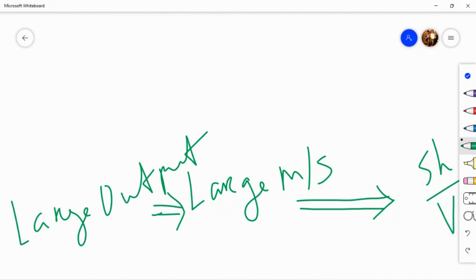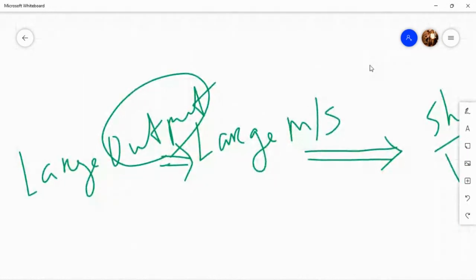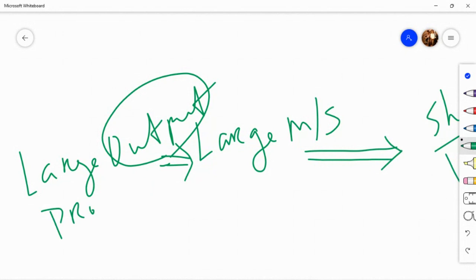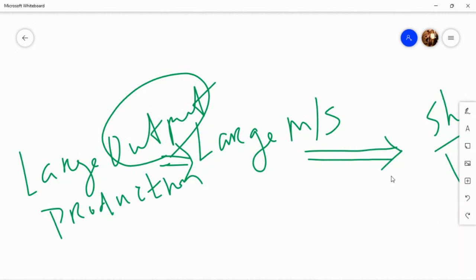Right? Large output means production level, right? A large production level. Think about it. You cannot occupy large market share without large production scale. You must be able to supply. You have to be a major supplier in the industry.